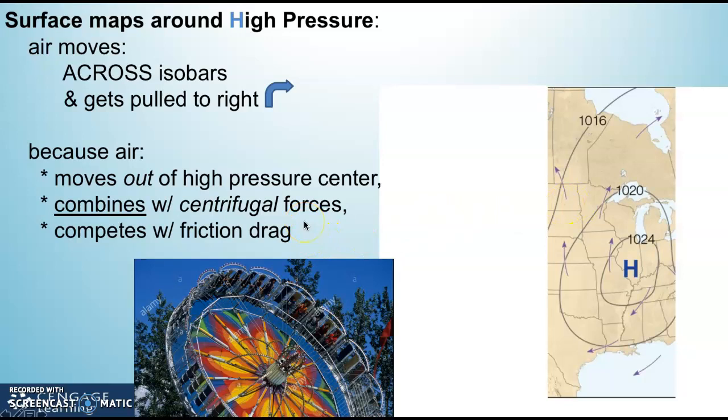You're combining with centrifugal forces that are pulling you out as well. But you're competing with frictional drag, which is pulling you back. So while the pressure gradient forces pull you out, the frictional forces pull you back, and this Coriolis force pulls you to the right. The combination is a weak move and a weak deflection to the right.